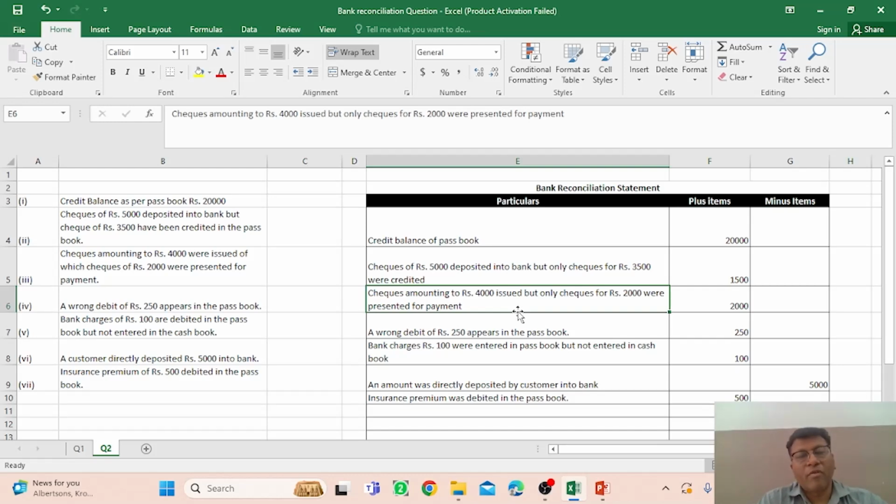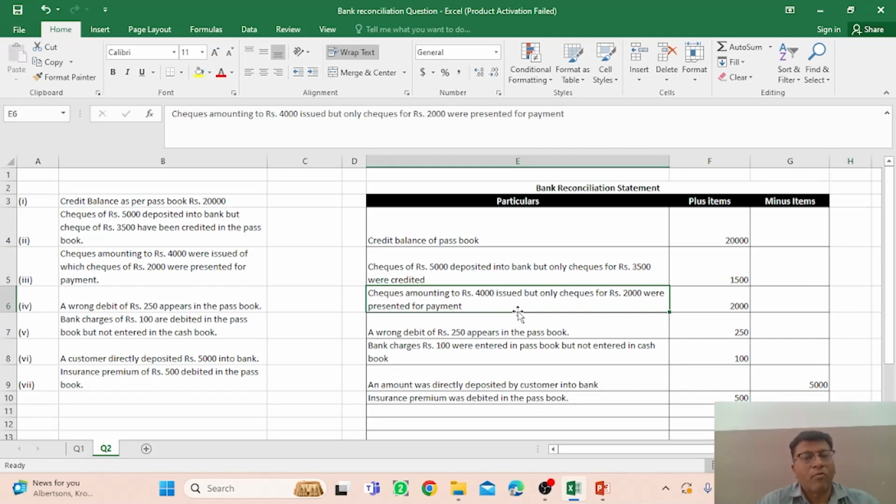But only 2,000 were presented. So bank balance is more by 2,000, right? So we have to see that 2,000 is less in the cash book, because you issued 4,000 rupees. Okay, so again, this is the particular case where you are issuing 4,000 checks. Okay, just focus on it.